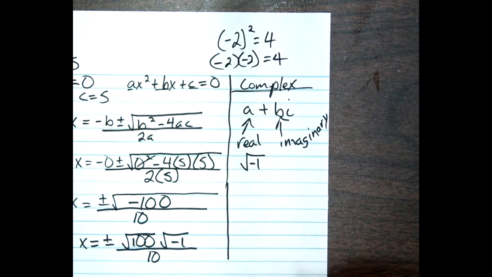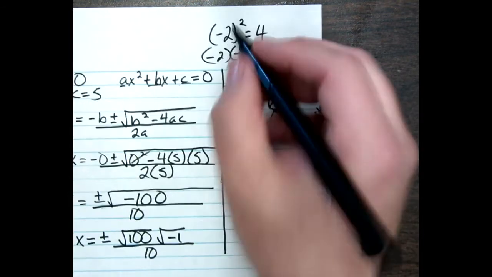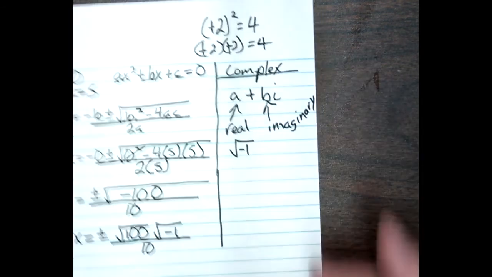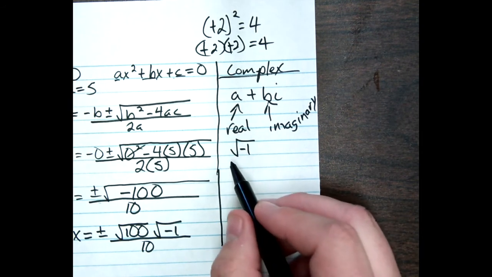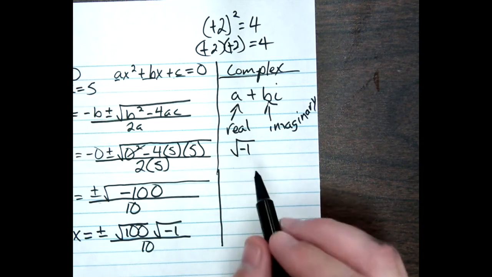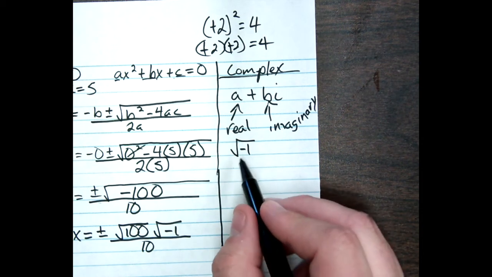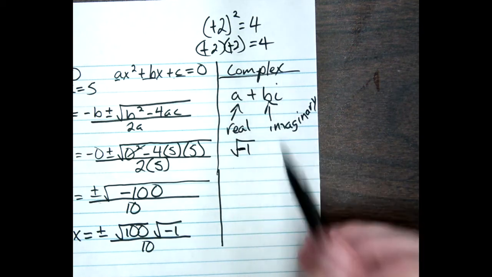If I take a negative number and square it, it will always be positive. If I take a positive number and square it, it will always be positive. So I cannot take the square root of negative numbers, because there's never a number I can square that will give me a negative value.